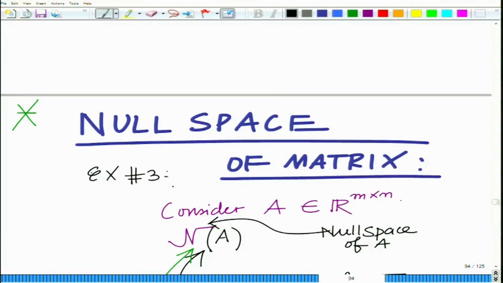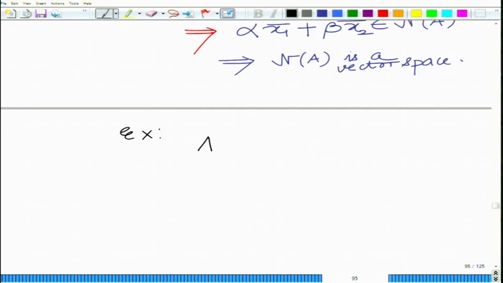For instance, let us consider a matrix A equal to minus 1, 1, 2, 4, 2, 0, minus 1, 7.